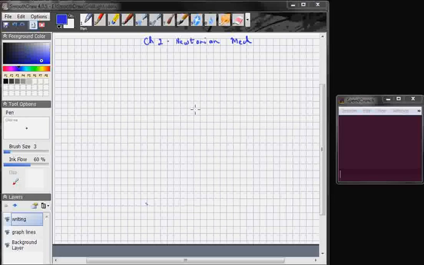I'd like to give an overview of Chapter 2, Newtonian Mechanics, by just going quickly through Newton's three laws of motion.